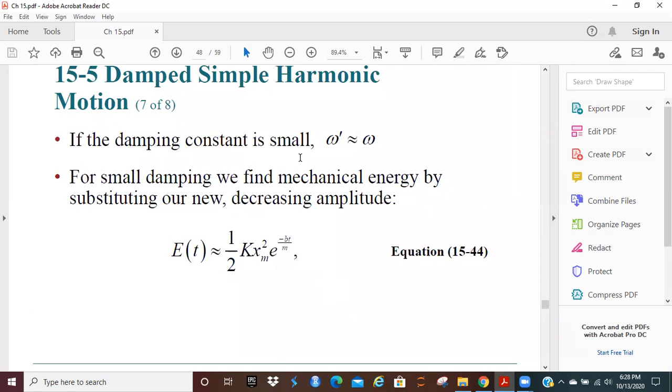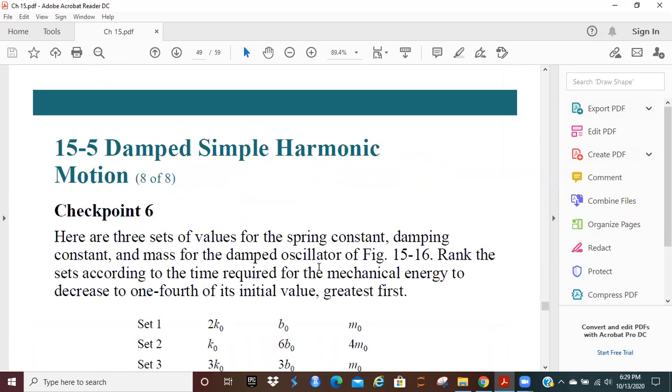If the damping constant is small, then we can just say that omega prime is close to omega. And for small damping, we find the mechanical energy by substituting our new decreased amplitude, where the mechanical energy is equal to 1/2 k x of m squared times e to the minus bt divided by m.